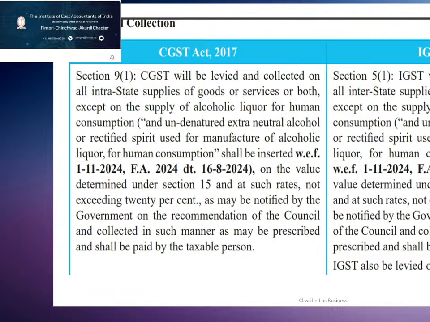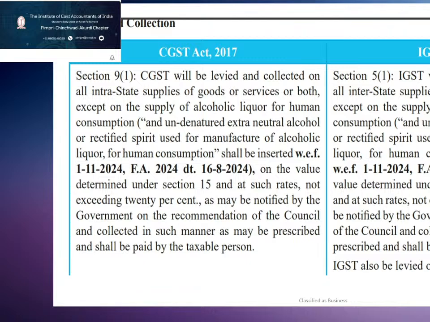So in services, we have serial numbers starting from 1 till 16. All these services, at least not in detail, you should remember, like renting of immovable property, GTA, and if it is related to postal, that is railway departments, postal, then you can see who is the person liable to pay the GST.